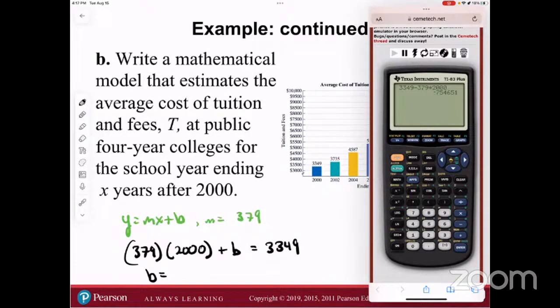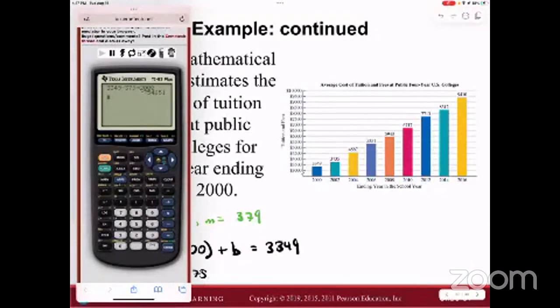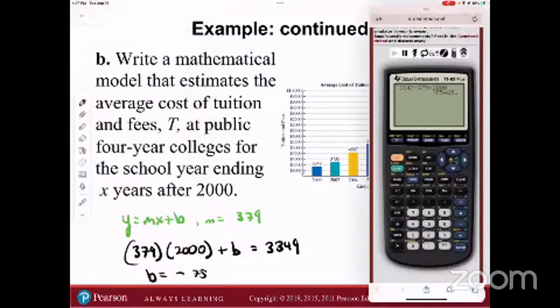So then the y-intercept looks like it might be negative 754,651. Let me think about this. Okay, that might be the case. So let's just go with it for now.